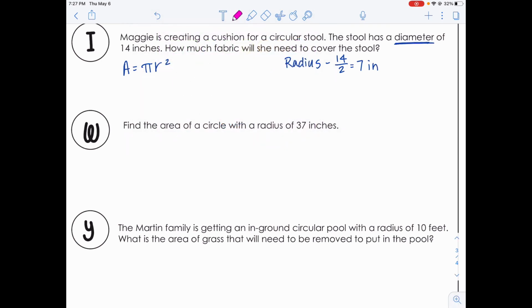Plugging in what we know, here we go, area equals 3.14 times the radius is 7, and we're going to square it. Plugging it into our calculator, 3.14 times 7 squared means that the area that she needs to cover is 153.86 hundredths, and then we need to label inches squared.